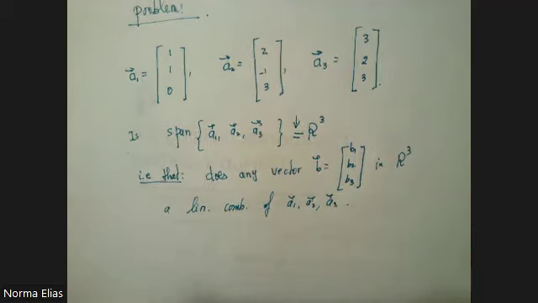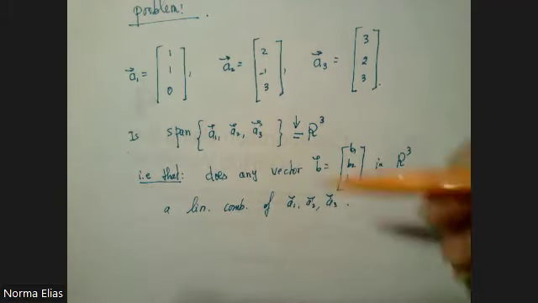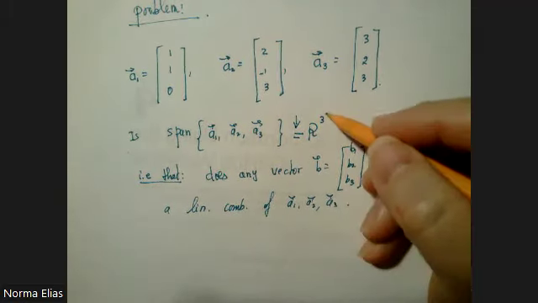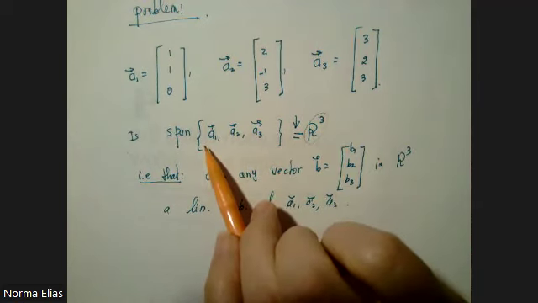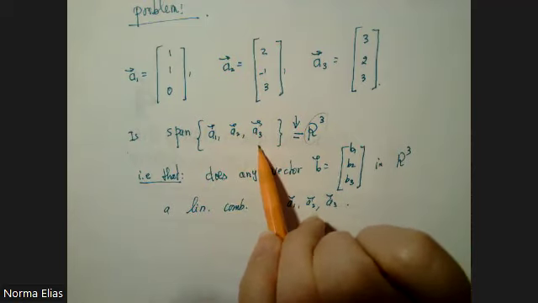That's really what it means. Is the span equal to R3? Mathematically it means, if you take any vector in here, can you write it as a linear combination of A1, A2, and A3?